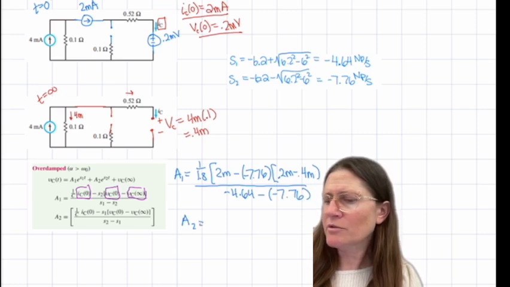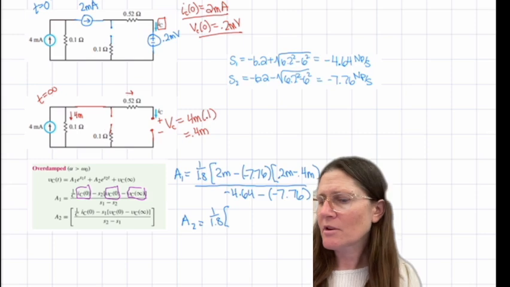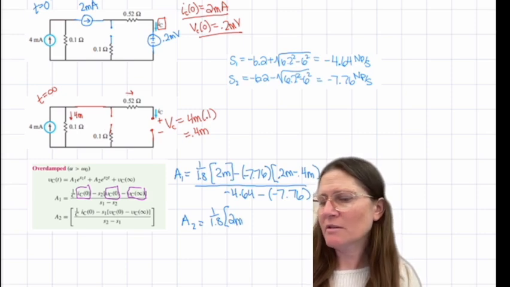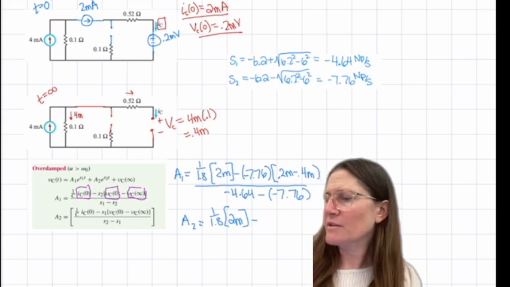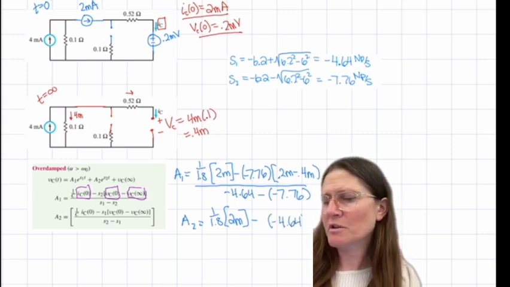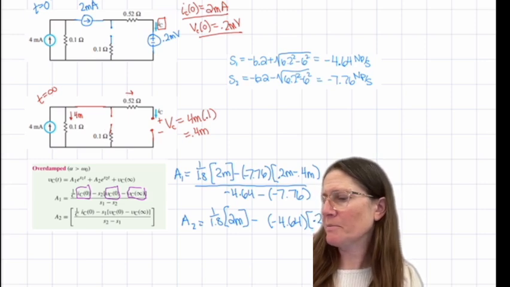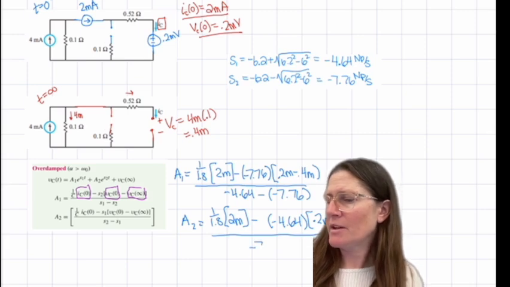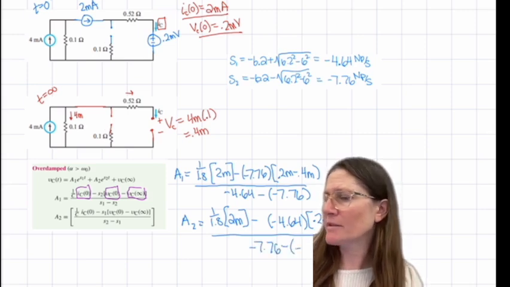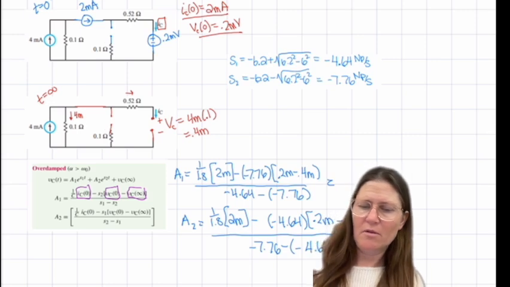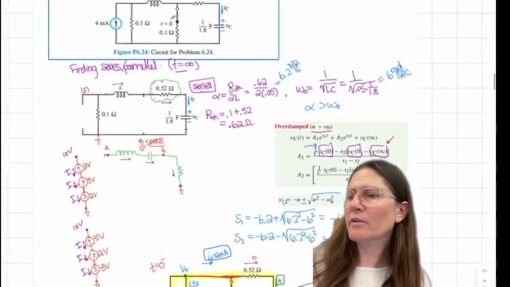And then A2 is 1 over 1.8, at 2 milli minus S1, which is minus 4.64, 0.4 milli, that's 0.2 milli, minus 0.4 milli, over minus 7.76, minus a minus 4.64, this was, sorry, 6.24.